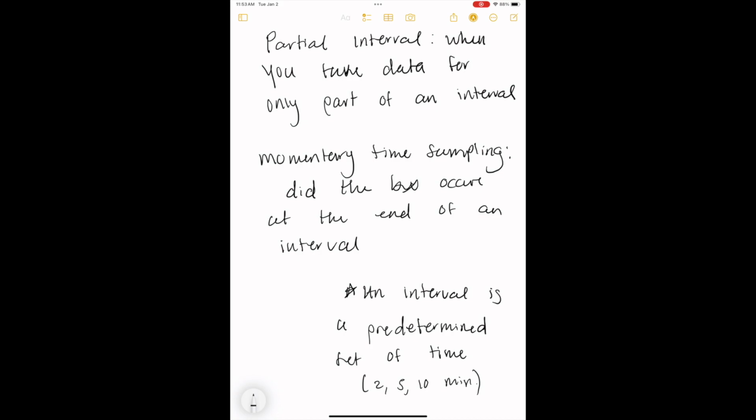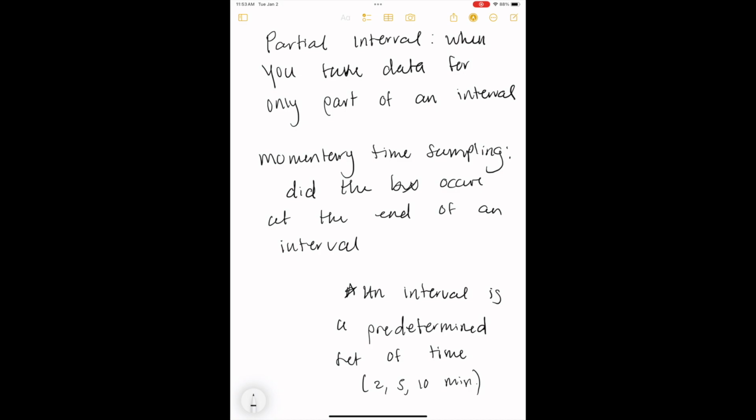Often in momentary time sampling, you're more than likely going to be taking data on an online platform, like an online data collecting platform. The platform will have the interval.